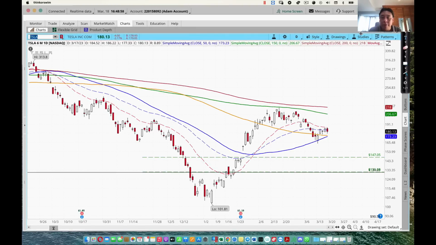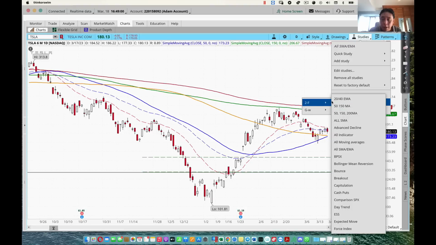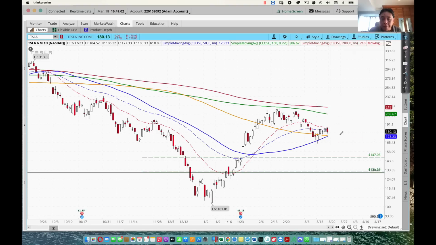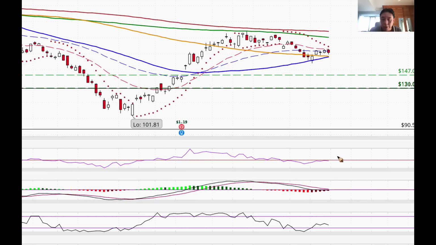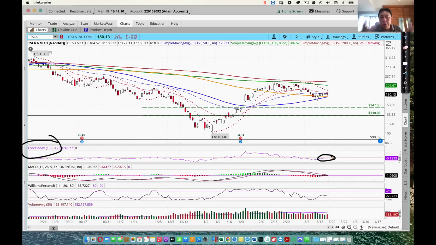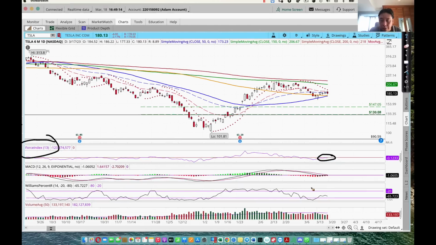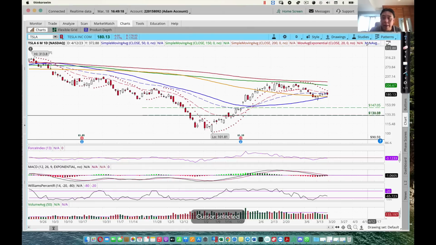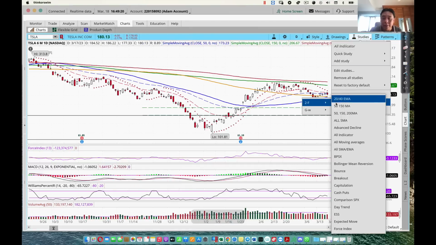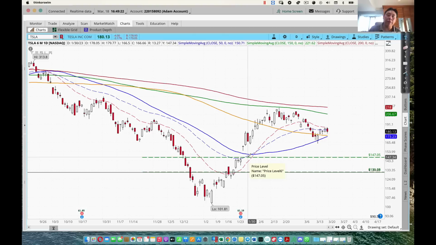If you take a look at some of the indicators, you can also see that it's not super bullish yet because, for example, the force index, it's still below 0. So that's still not really bullish yet. The MACD is still in a bearish phase, right? So because of that, again, to conclude, let's have a moderately bullish view on Tesla.